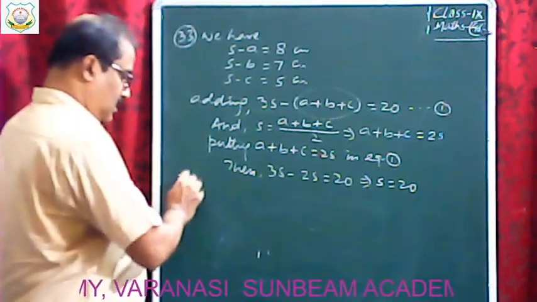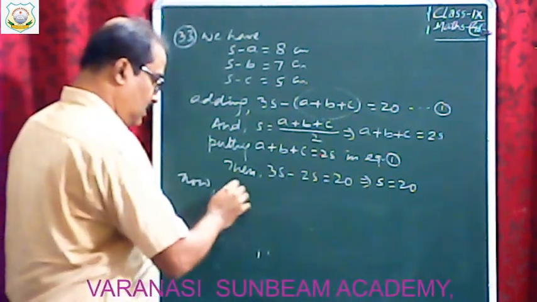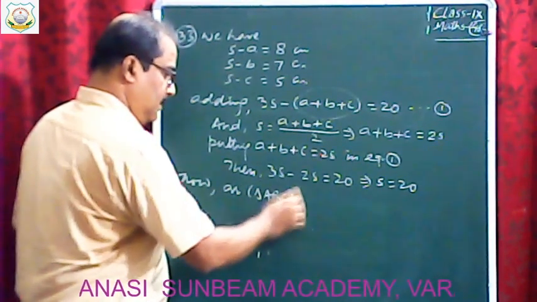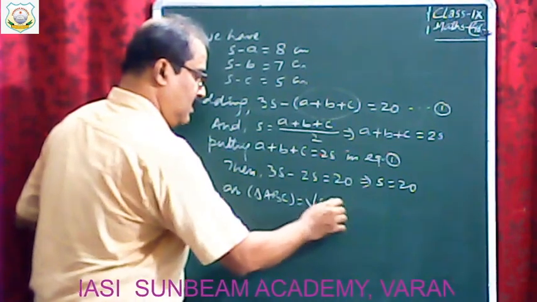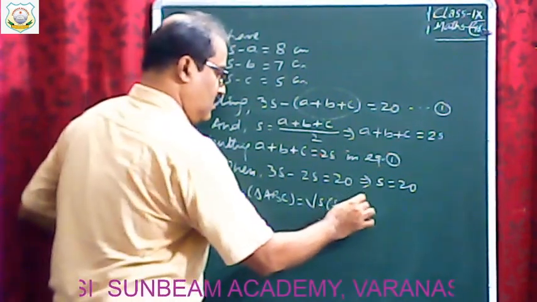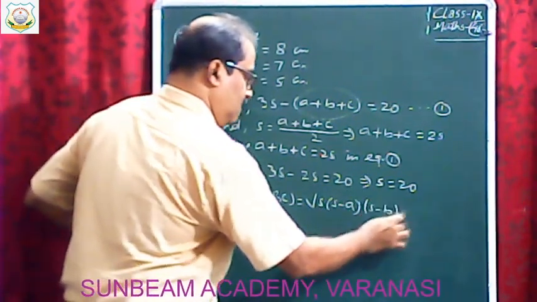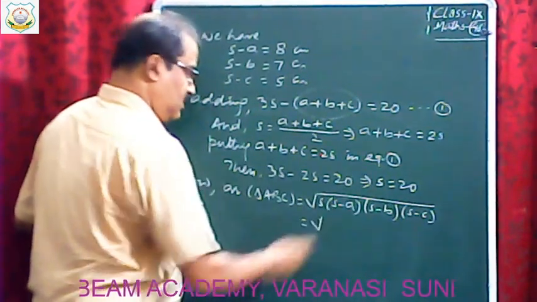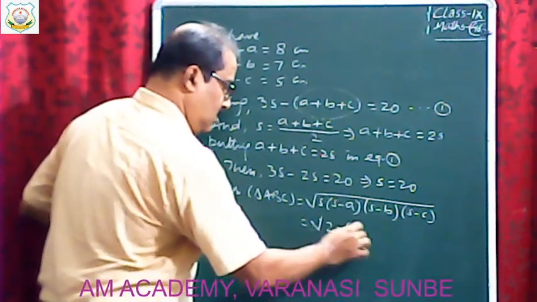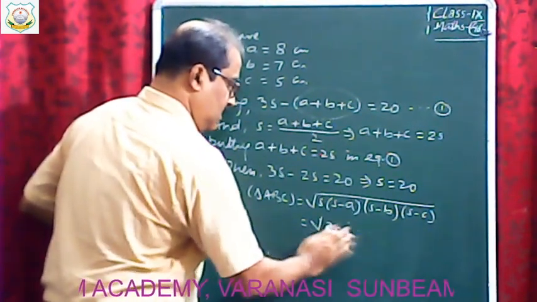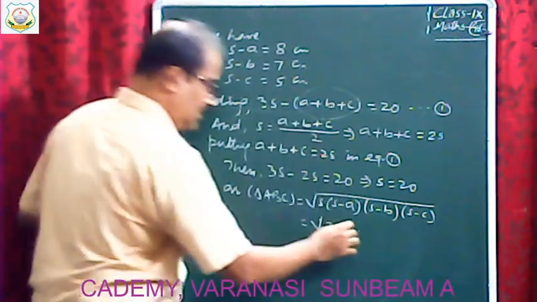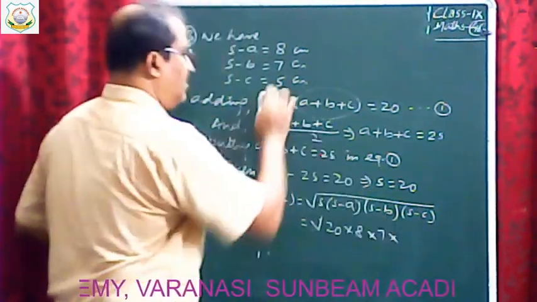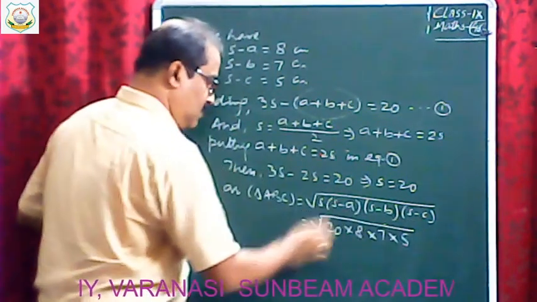Thereafter, now area of triangle ABC equal to square root of S, S minus A, S minus B, S minus C. So S is 20, 20 into, S minus A we have 8, S minus B we have 7, S minus C we have 5. That you have to use directly.